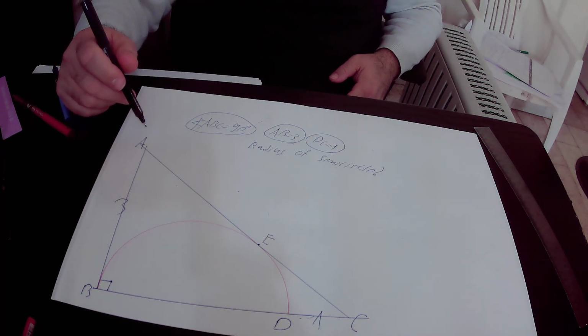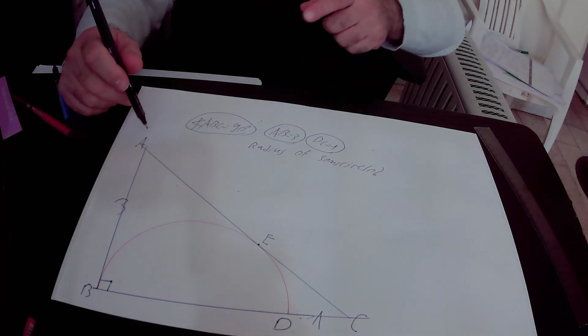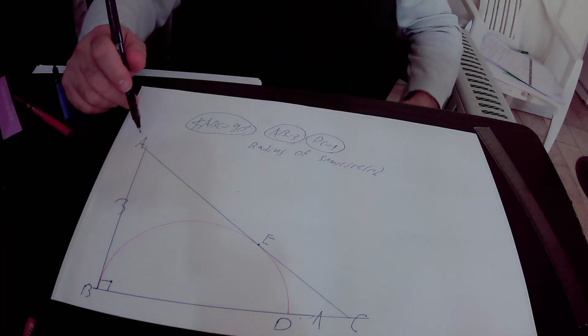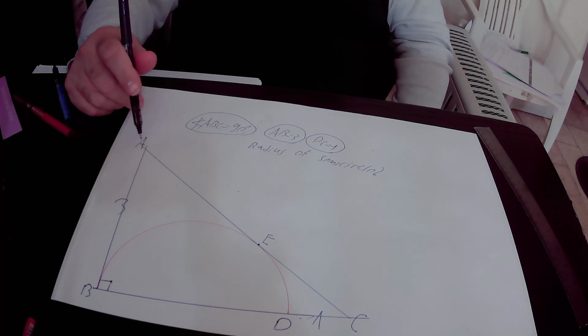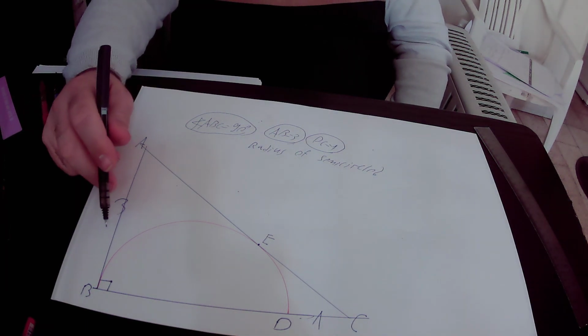Therefore, it is defined as the external point of this semicircle, and from point A we have two tangents to this semicircle.